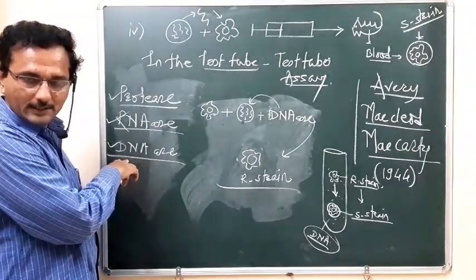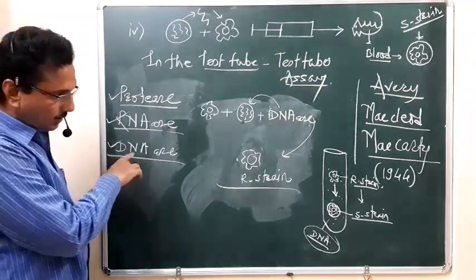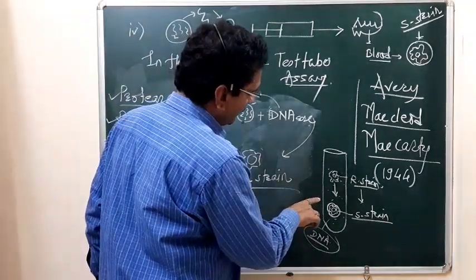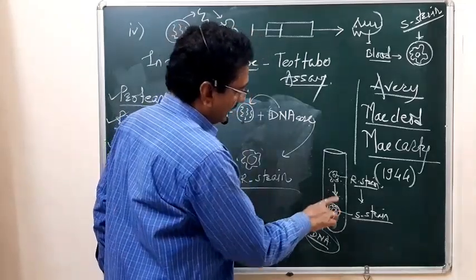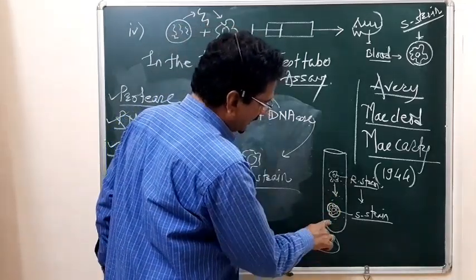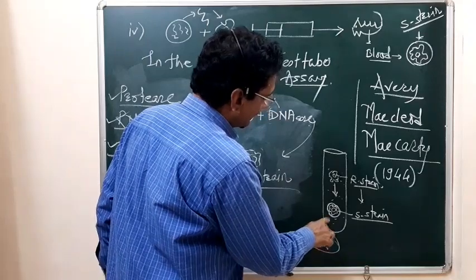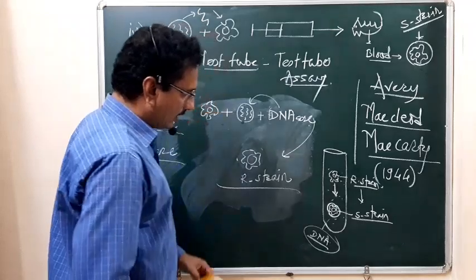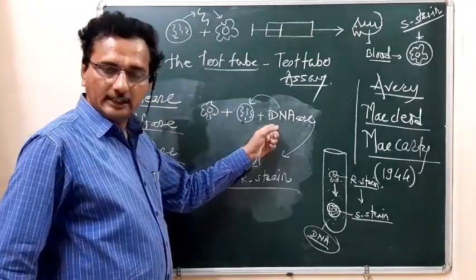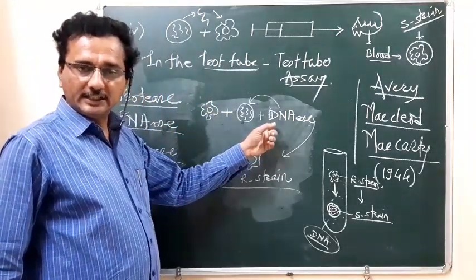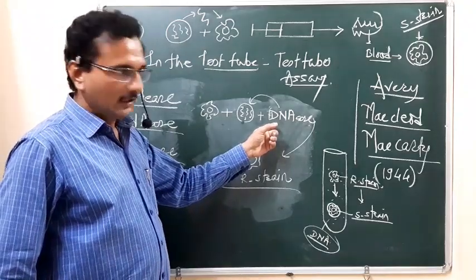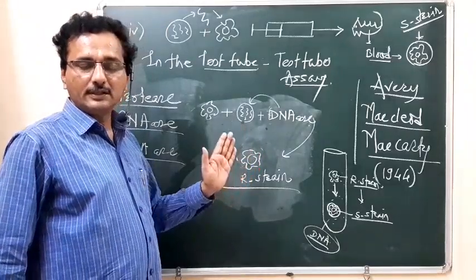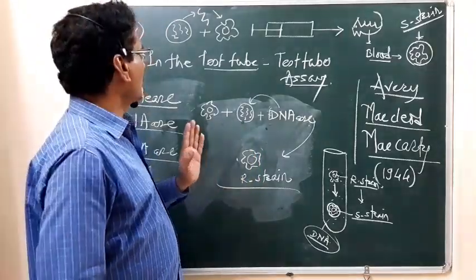Okay, DNA acts as a transforming principle. So in this test tube what we have observed, in the presence of the DNA in the nutrient medium, the rough strain is converted into smooth strain, and with the help of the DNA digestive enzyme, DNase enzyme, again Avery, MacLeod and McCarty proved that the DNA acts as a transforming principle.